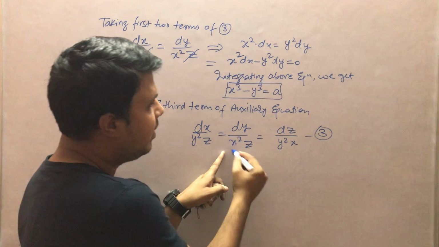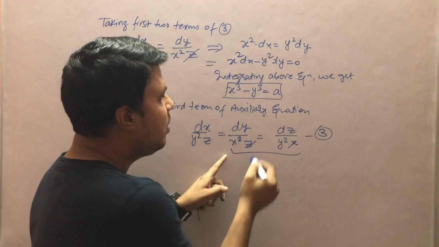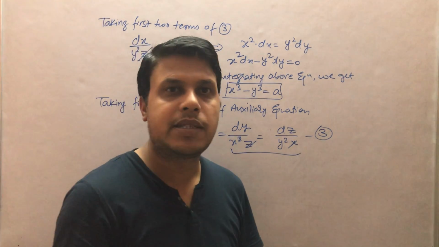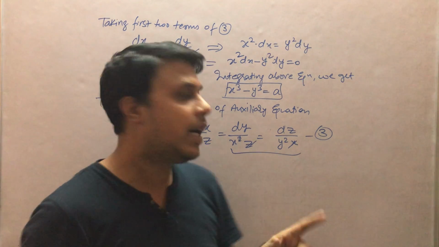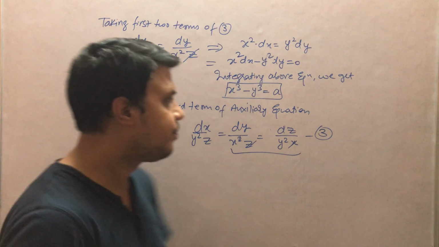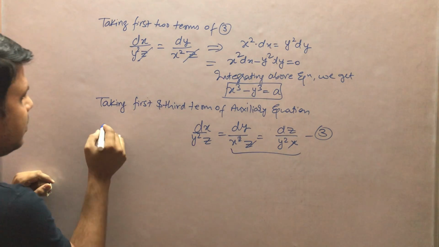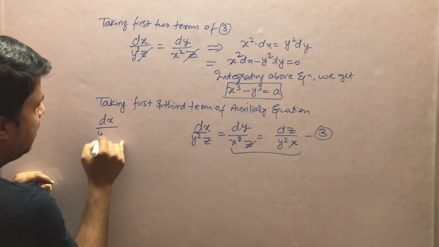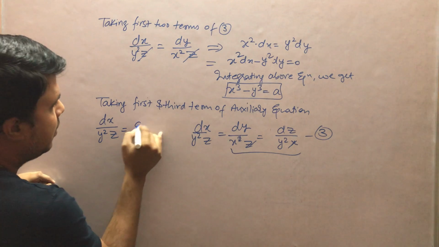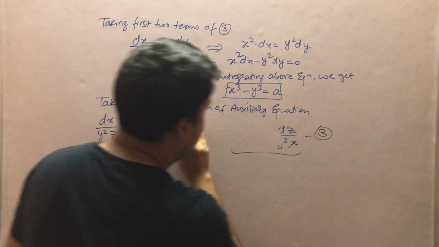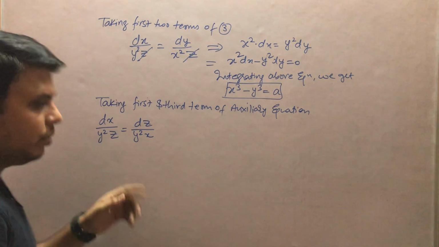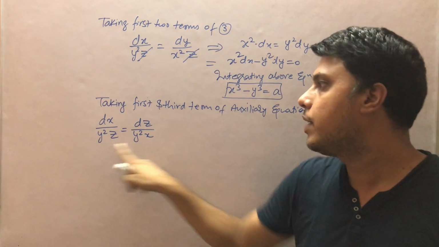Because if I take the second and the third term, I'm not able to separate the variables here. Means we are not able to separate the variable. That's why I have taken the first and the third term.